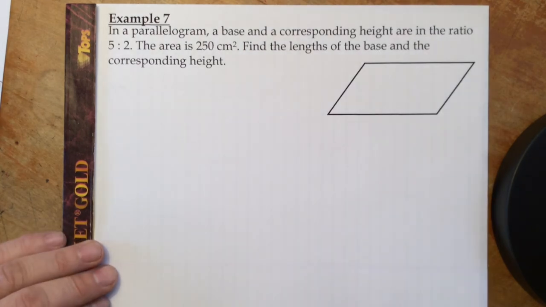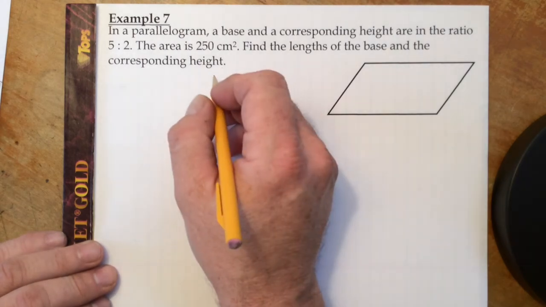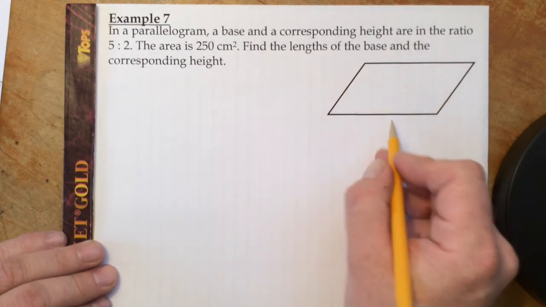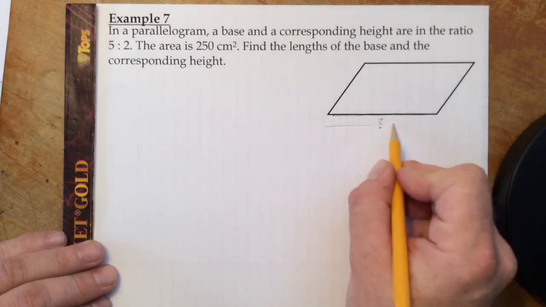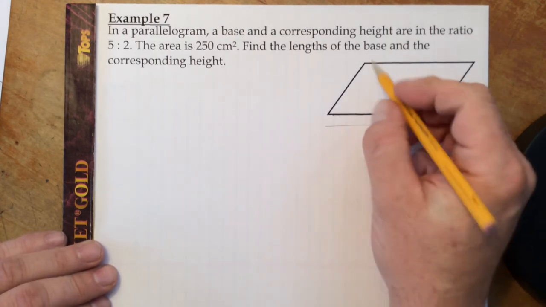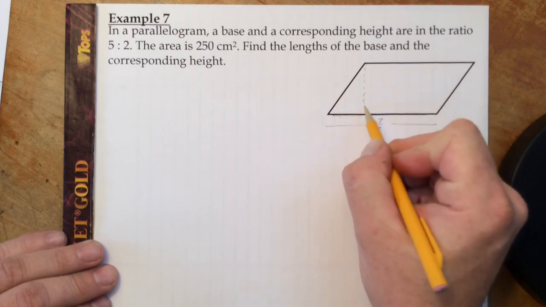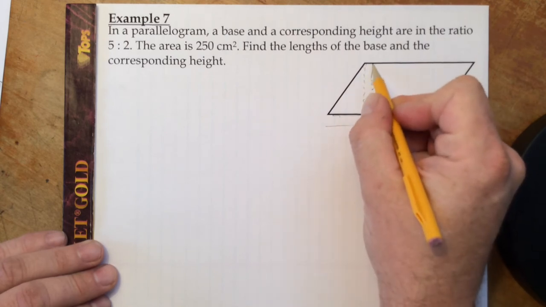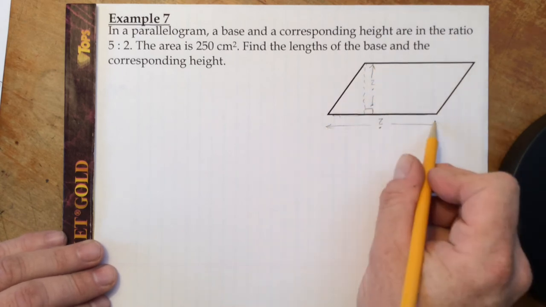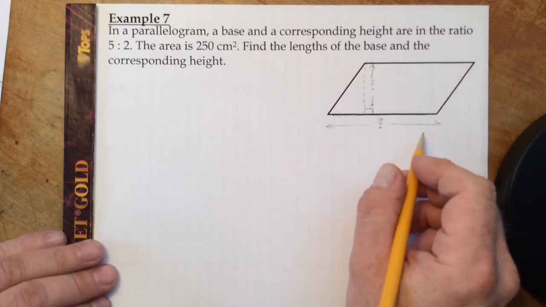Example 7. In a parallelogram, a base and a corresponding height are in the ratio of 5 to 2. So, in this parallelogram, whatever the length of this base is, and whatever the length of the height is that's perpendicular to it, is in a ratio of 5 to 2, base to height.